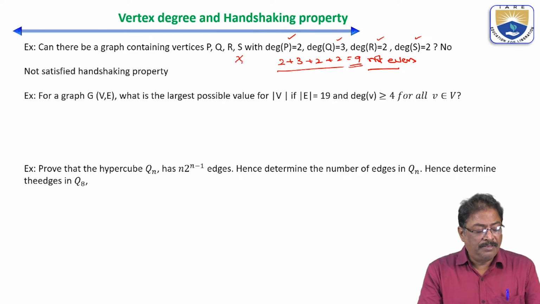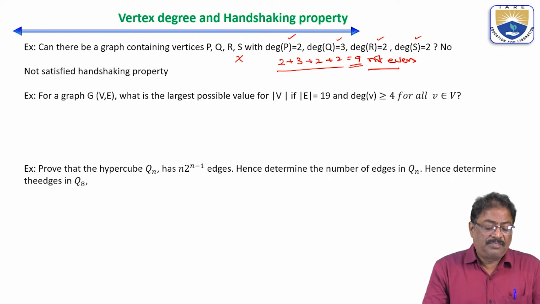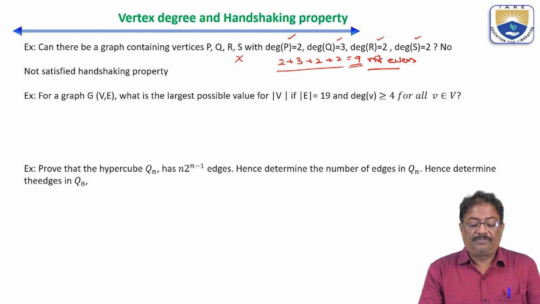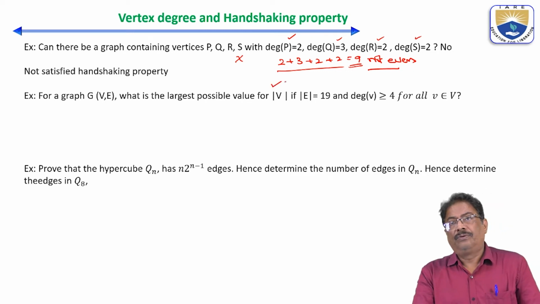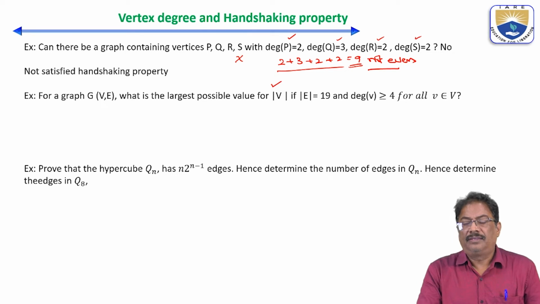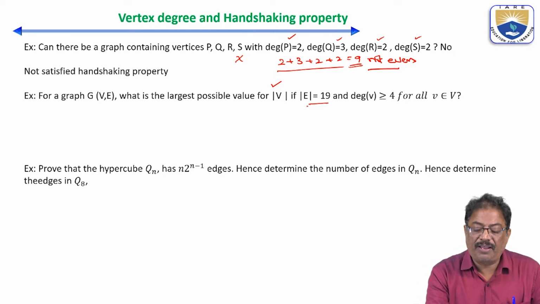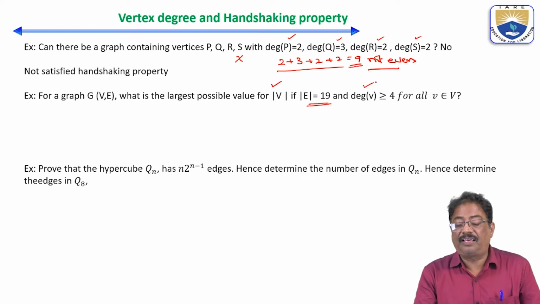Now, another one is for a graph G. What is the largest possible value for V if the number of edges is 19 and the degree of each and every vertex is greater than or equal to 4?